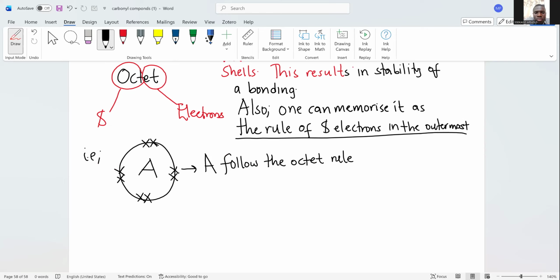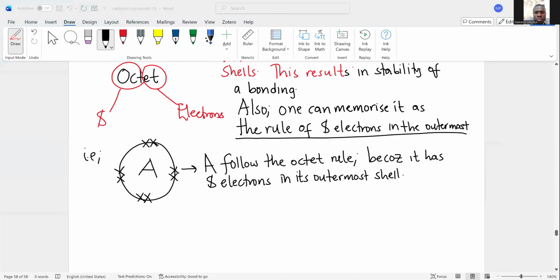Why is it following the octet rule? Because it has 8 electrons in its outermost shell. Hope I've explained the octet rule. It follows the octet rule because it has 8 electrons in the outermost shell.